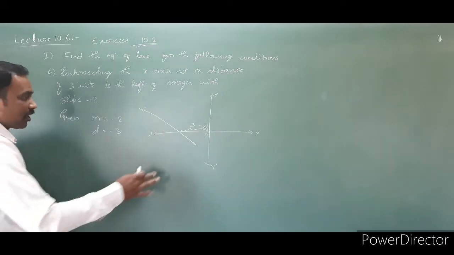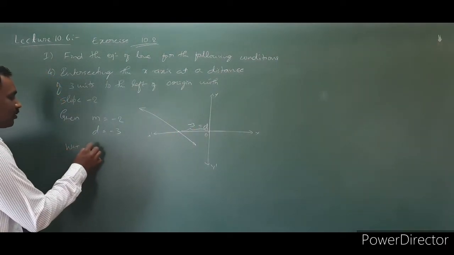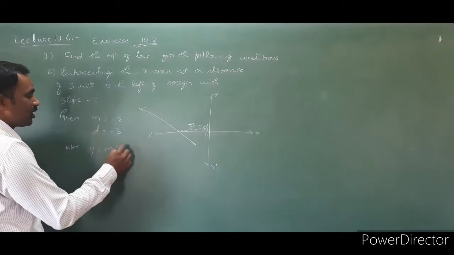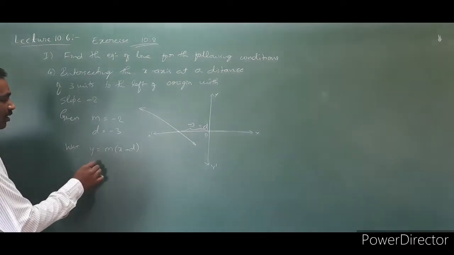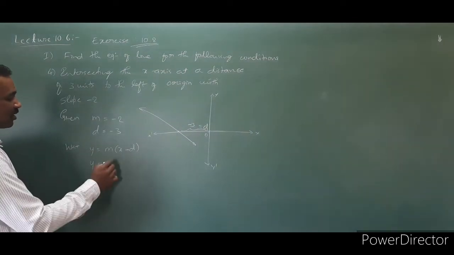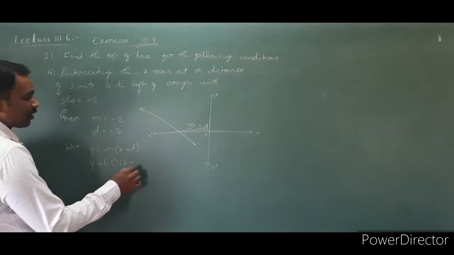Are you clear? Okay. Now we know the x-intercept formula. What is that? y is equal to m into (x minus d). y as it is, m is nothing but minus 2, x as it is, minus, d value is minus 3.